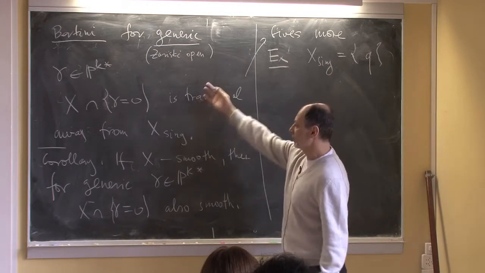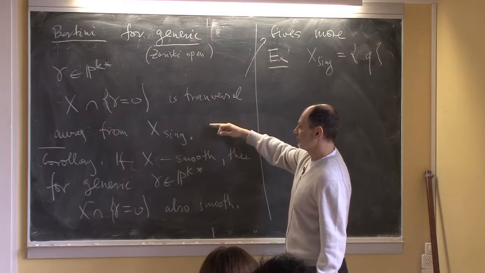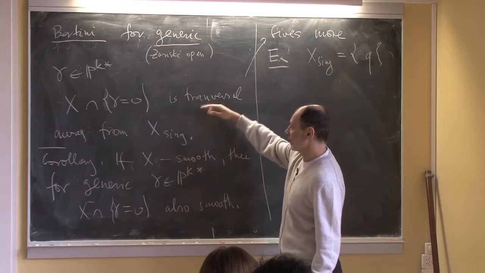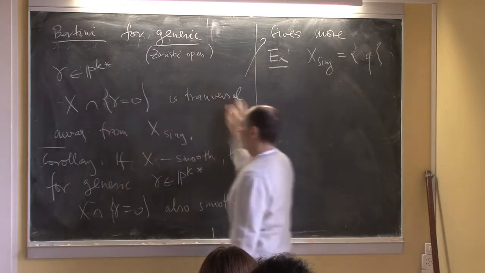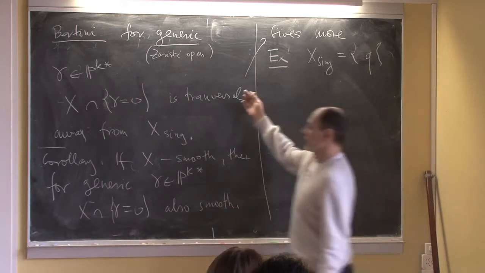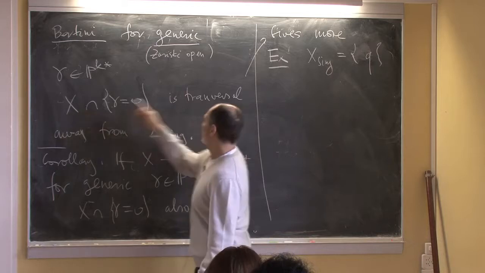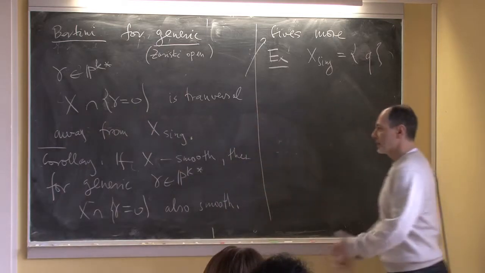Then away from that, if I take such hyperplanes and look at those whose intersection with X is transversal, I still get smooth things.